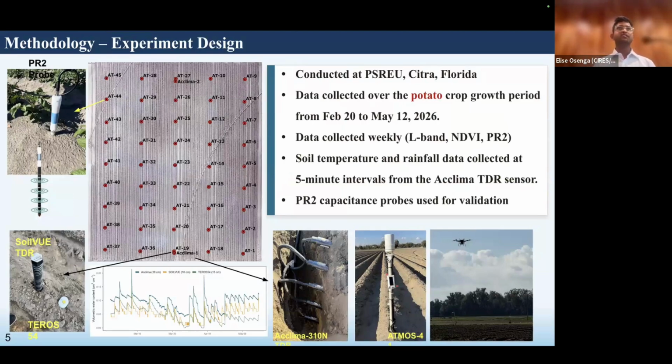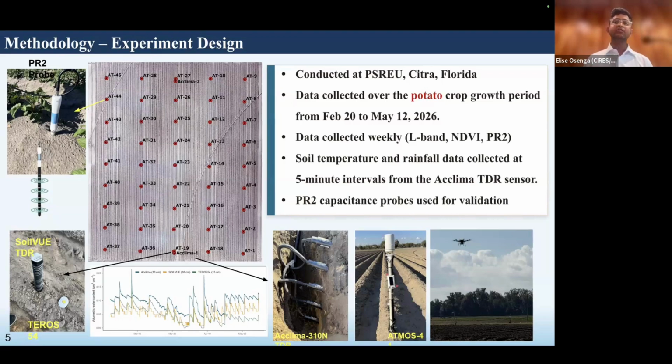We have used several sensors. Here we installed PR2 access tubes across the field, 45 PR2 access tubes. Additionally, we tested several other soil moisture sensors for a comparative study. We used Teros 54, SoilVUE TDR, and Acclima TDR, which we installed at 5 depths, and all of these are connected to a data logger, a ZL6 Zentra.